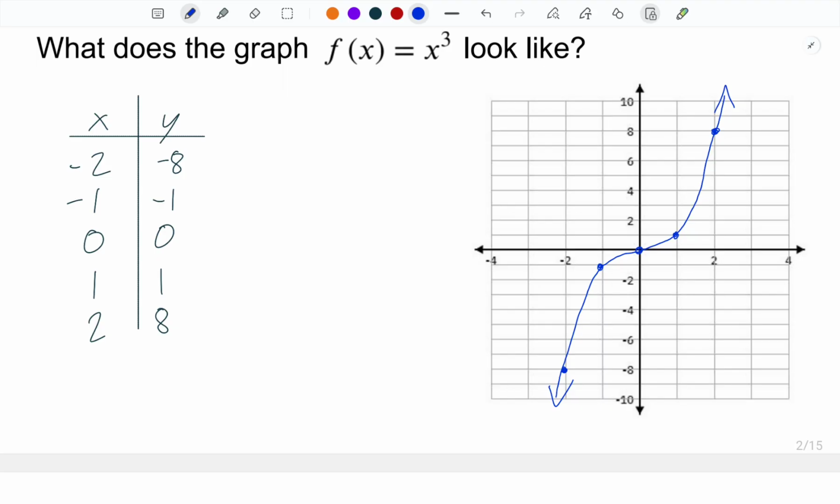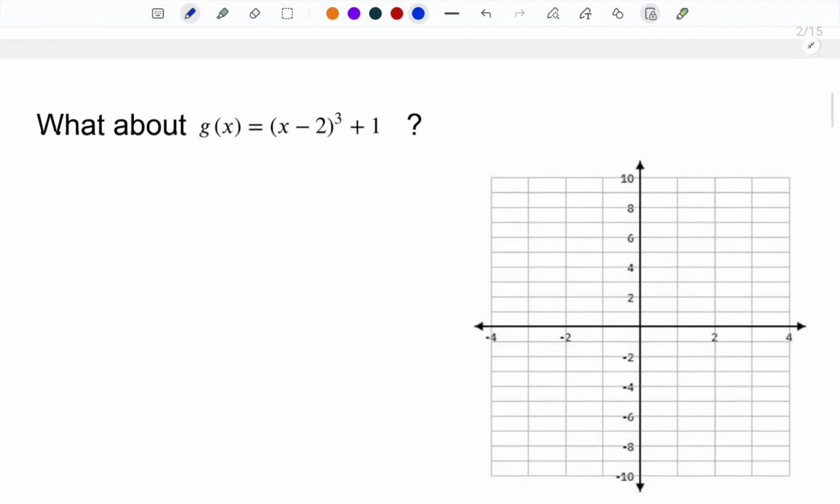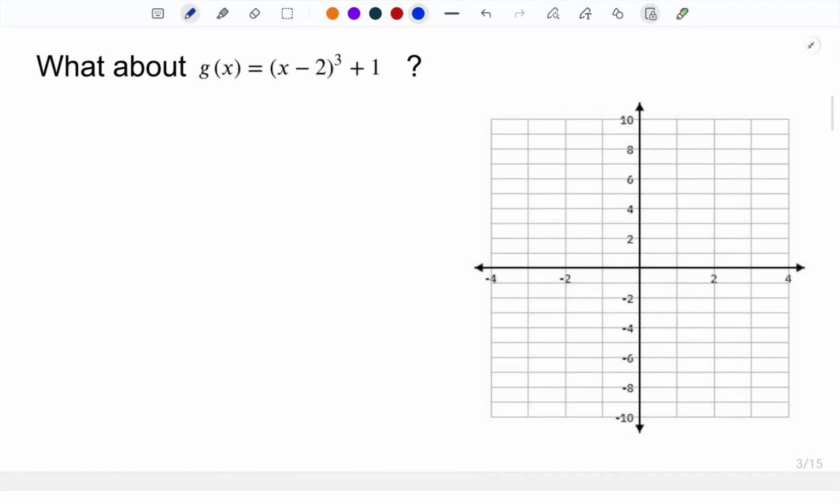Okay, and now we want to do some transformations to it. That was a big component of the grade 11 functions course, was transformations. So let's see, what can you do with a cubic function with transformations? What we can see here is we have a -2 inside and a +1 outside that cube. What we need to remember for transformations is, if you're inside the function, that's a horizontal transformation.